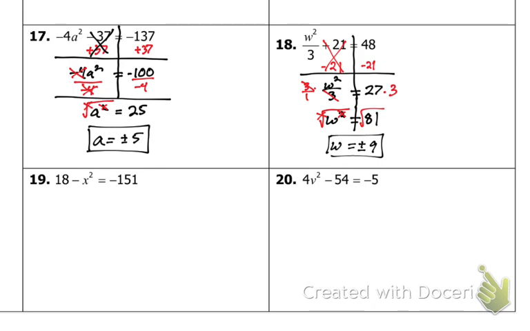Leave them as fractions. Yes, we should have 4 over 9. Remember, leave them as fractions. We leave things as fractions.